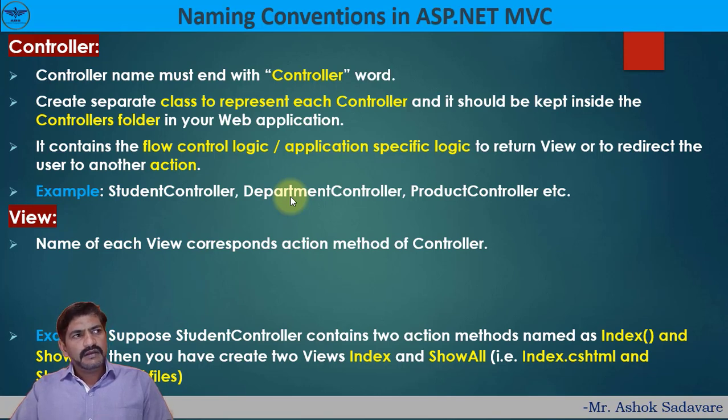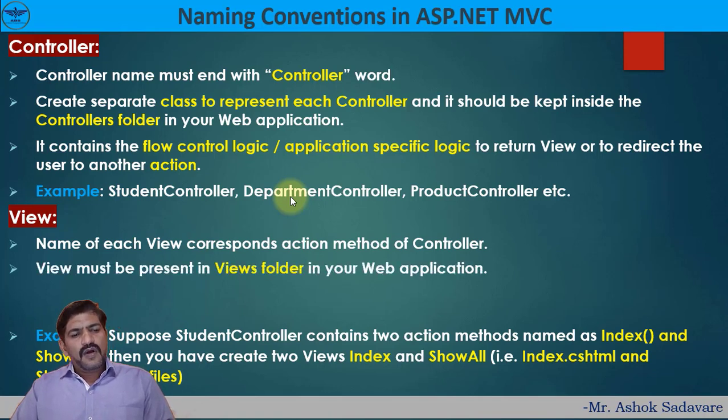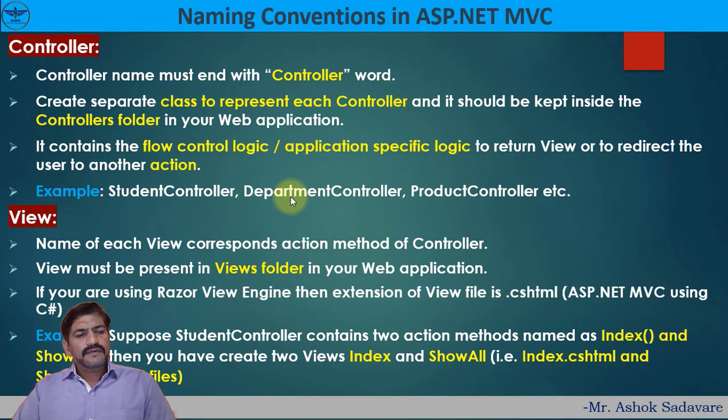We have to create a view for each action method, and the view name is similar to the action method name. All views must be present in the Views folder in your web application. If you are using the Razor View Engine, then the extension of the view file should be .cshtml.